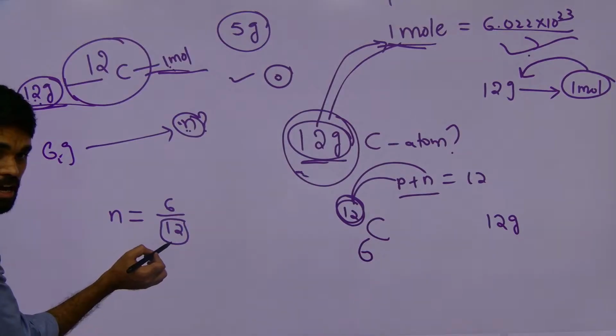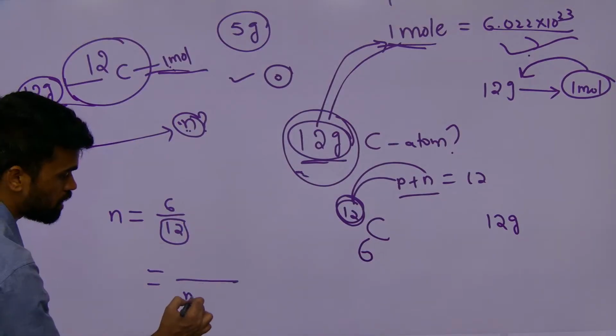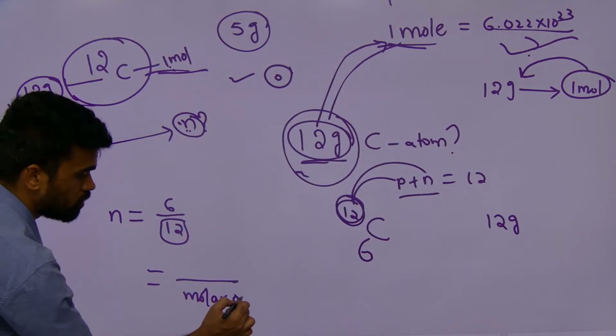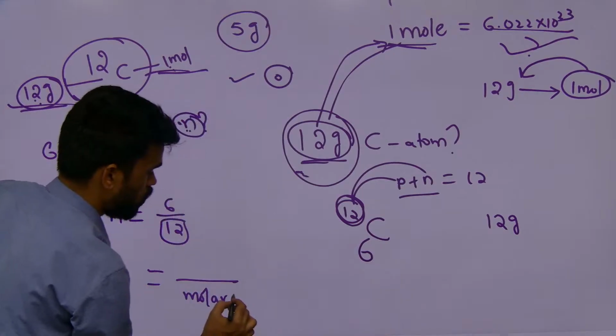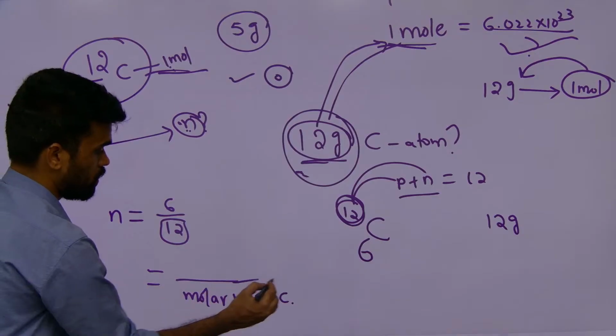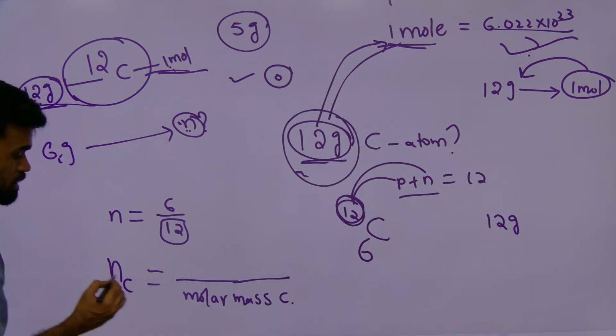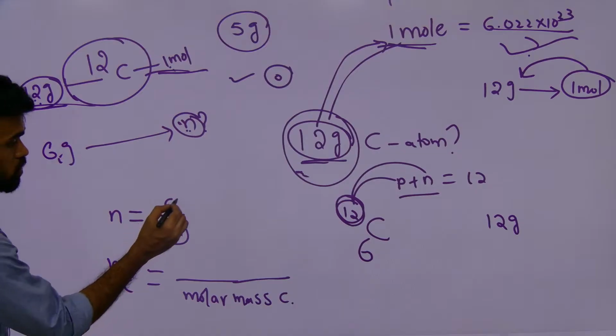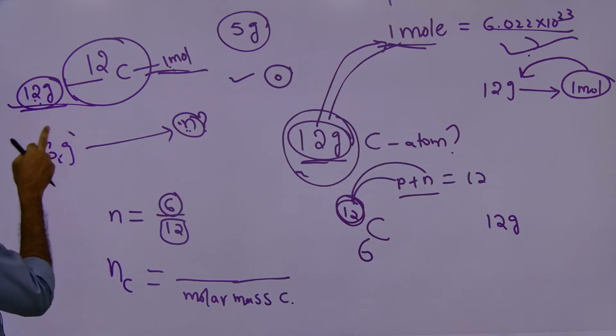So the 12 we got is nothing but the molar mass of carbon, and what I am asking is the number of moles of carbon. Here we have the given weight.